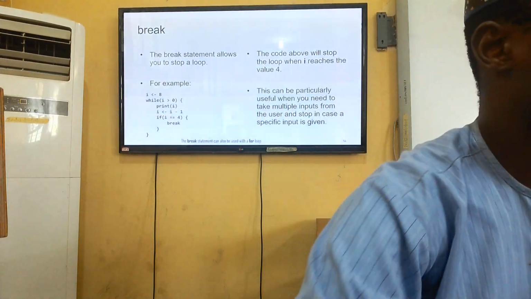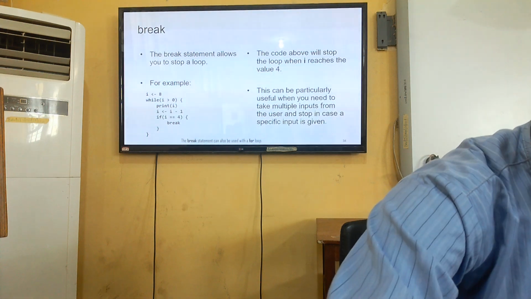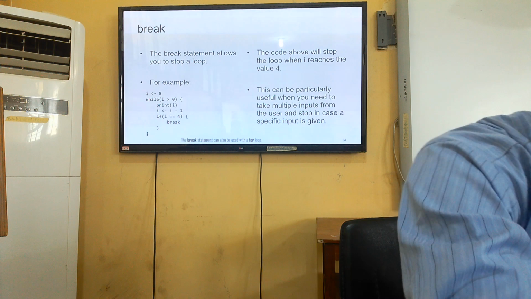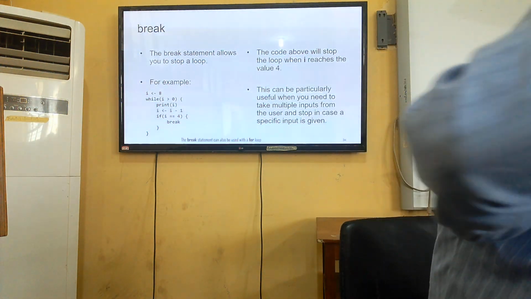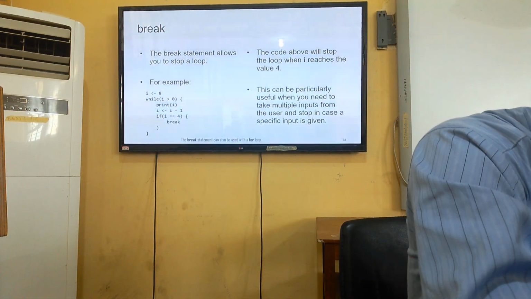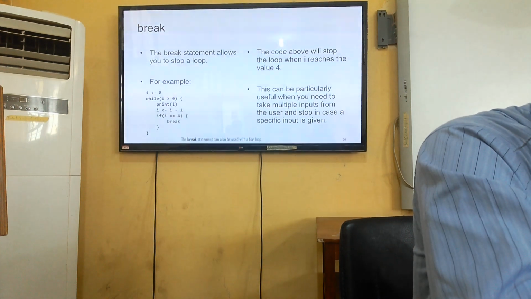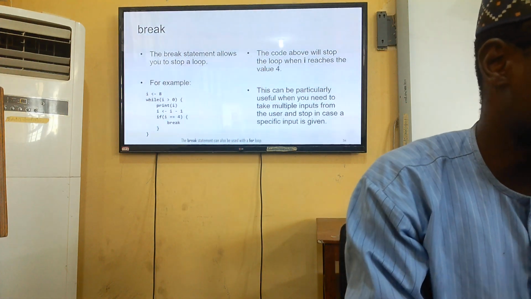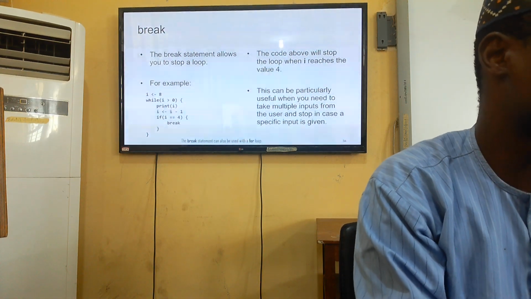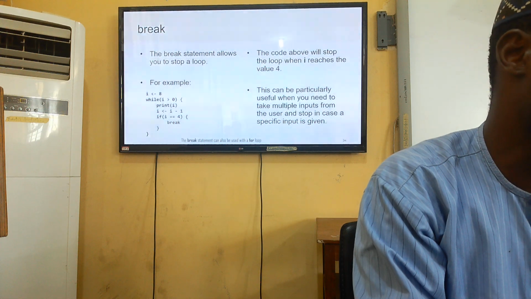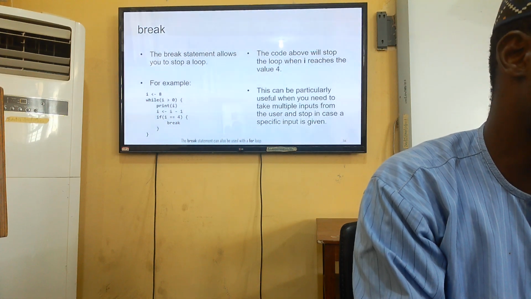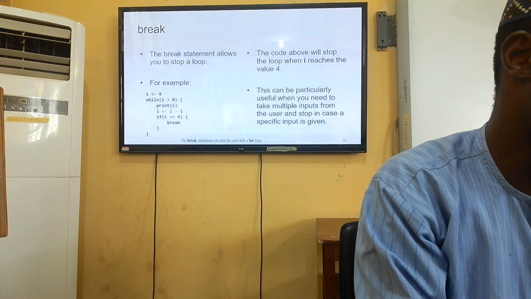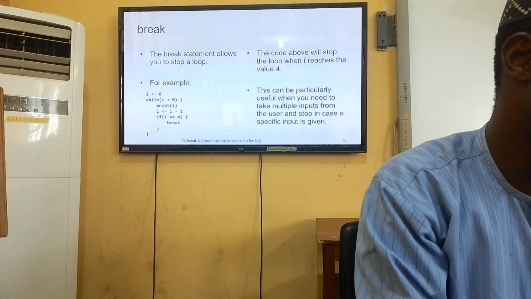So the break statement is simply used to break out of a loop. If you write a loop, it has to religiously follow whatever you have written in that loop. It will not exit until everything is finished.